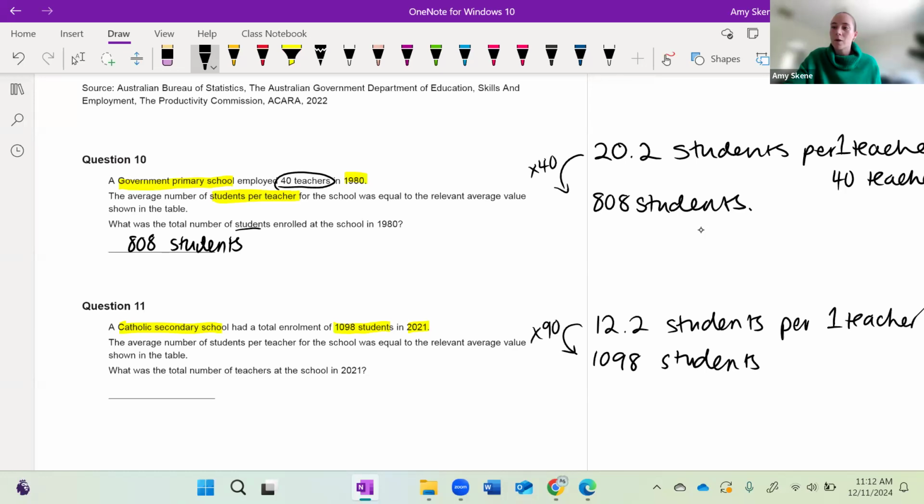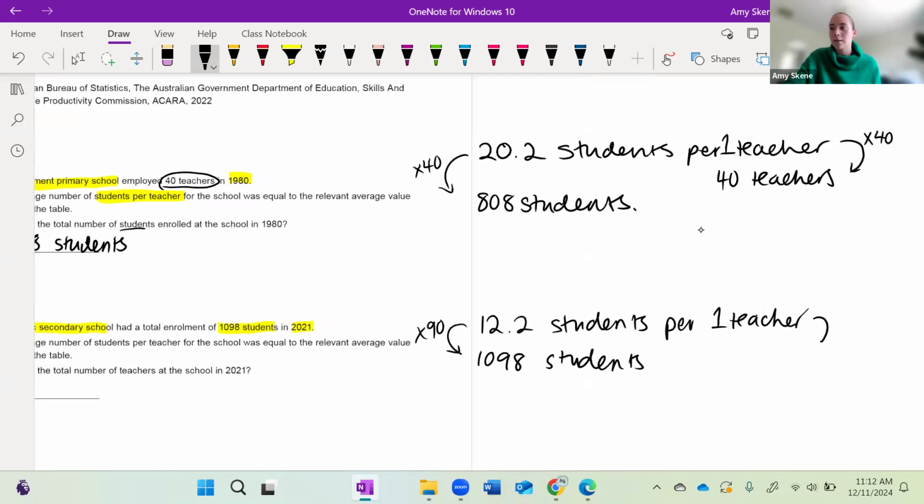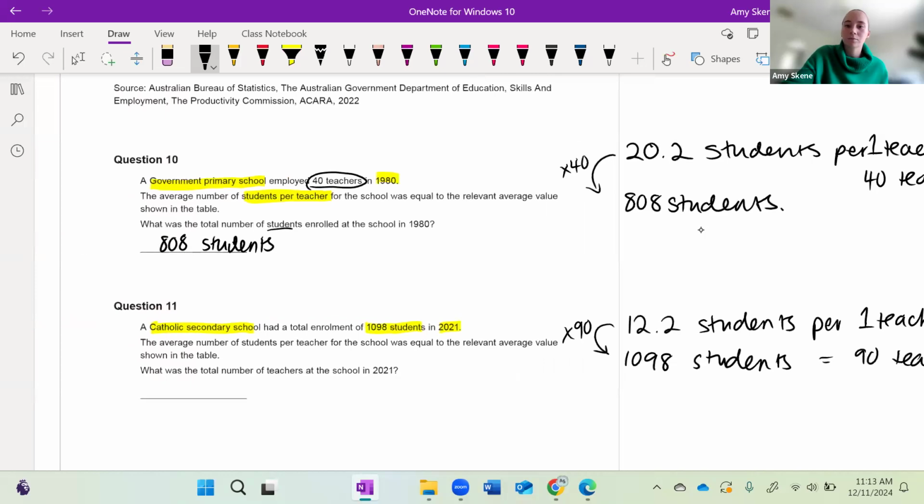So I know that because 12.2 fits into 1,098 90 times, to be able to get from 12.2 to 1,098, I multiply it by 90. I do the same to the other side, and therefore we are left with 90 teachers. So 90 teachers for 1,098 students. So our answer here is 90 teachers.